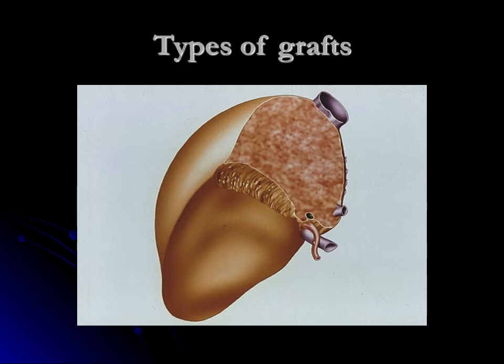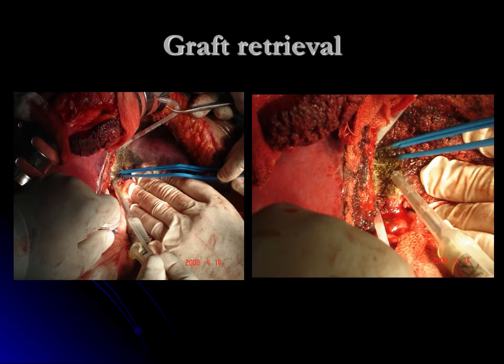Each graft has a portal vein branch, a hepatic artery branch, a bile duct branch, and a hepatic vein. These structures should be anastomosed with the recipient counterparts. We start the anastomosis with the hepatic vein first, then the portal vein second, then the hepatic artery third, and lastly, the bile duct can be anastomosed.